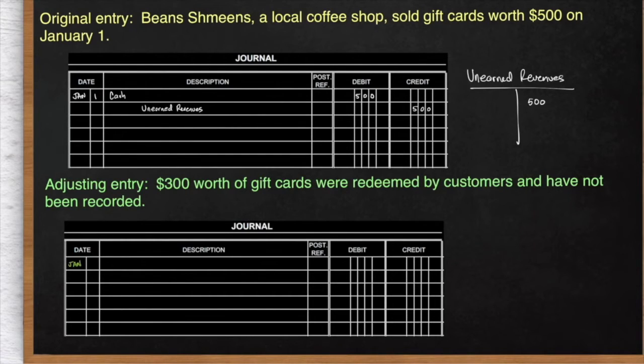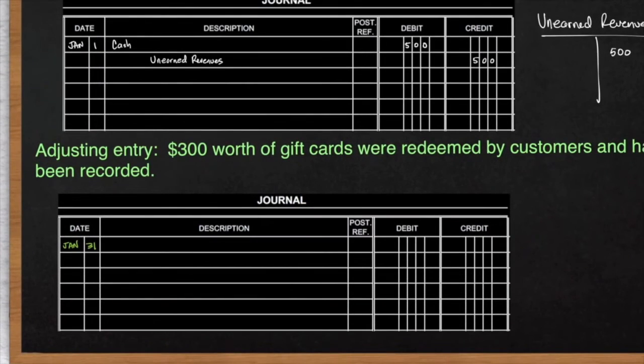So let's do our adjusting entry. That's done at the end of the accounting period. In this case, it'll be on January 31st. What you want to do is debit unearned revenues for the amount that was redeemed. In this case, it is $300.